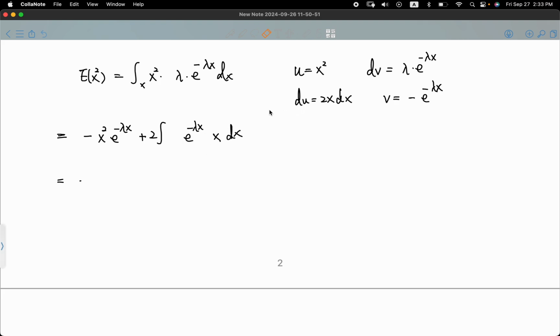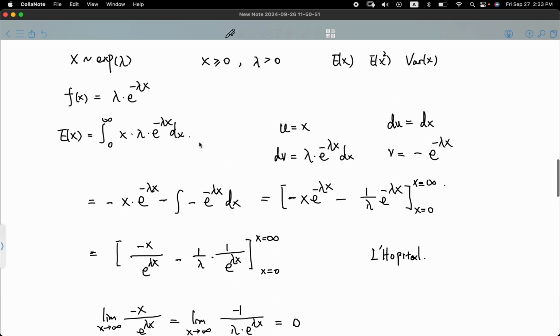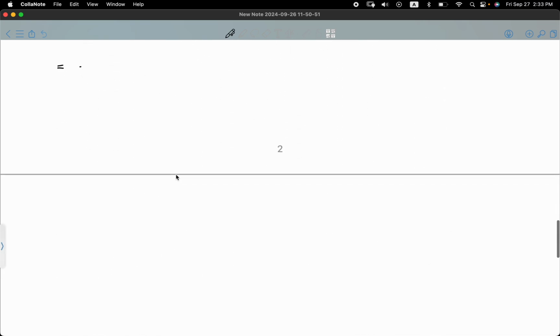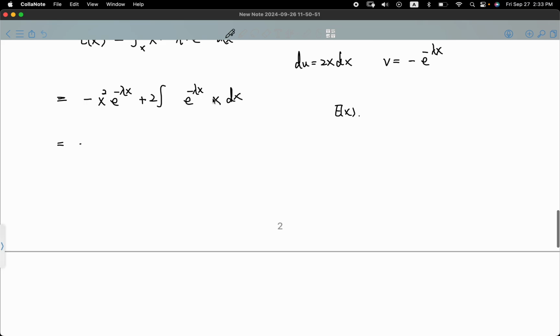What I'm trying to say is that we actually want to reuse the information that we get when we're calculating the first moment. As you can see, comparing to the expected value here, we are only missing a lambda here. And the lambda is not going to affect the integral. So what we can do is do it by construction to make our evaluation simpler.